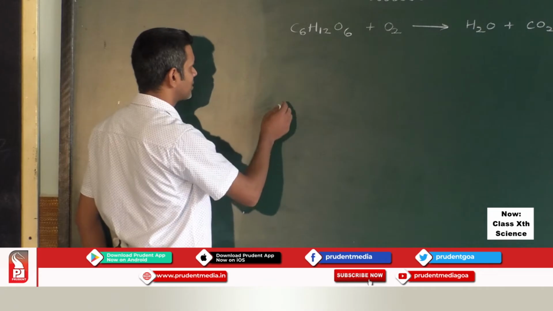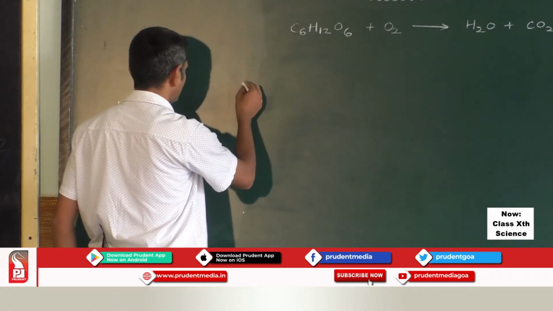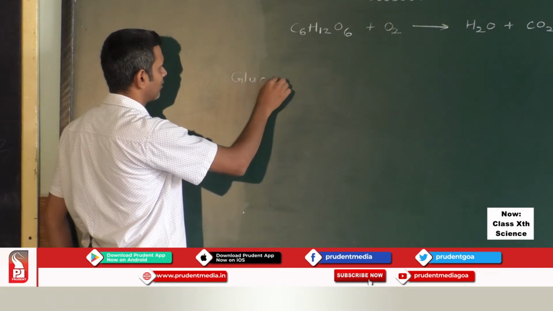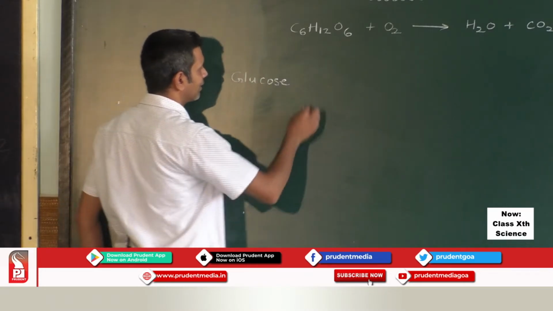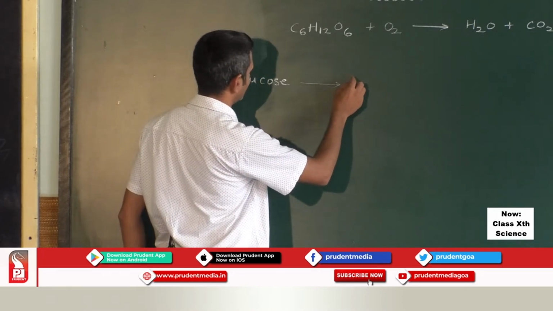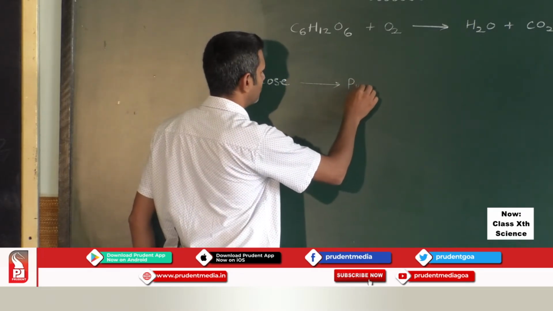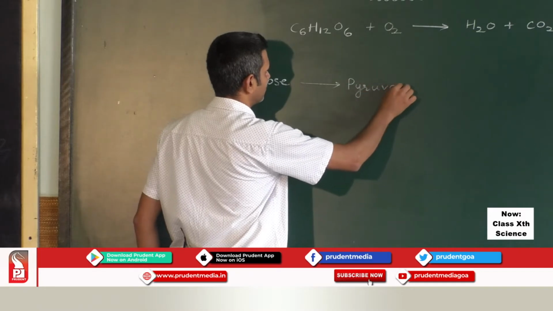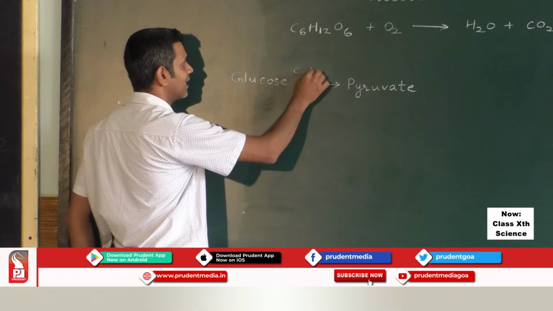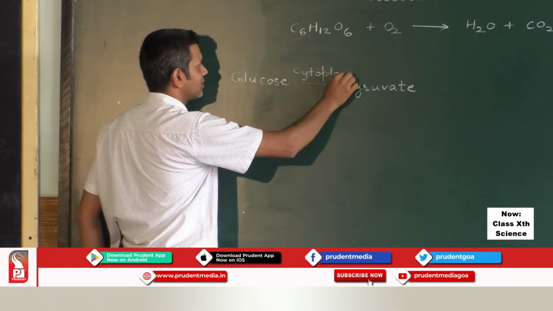So during the process of respiration, glucose gets broken down into pyruvate. This takes place in the cytoplasm.